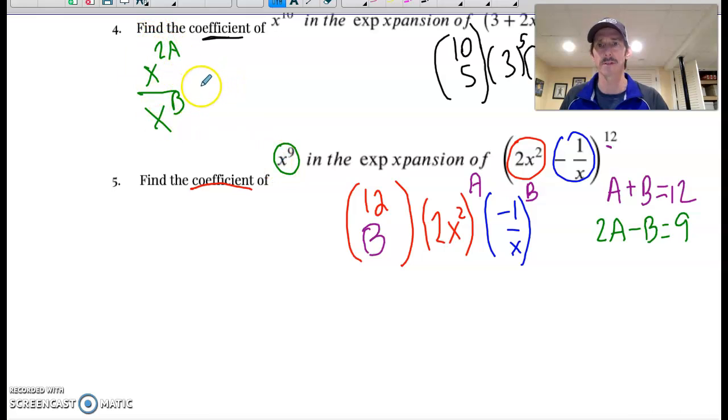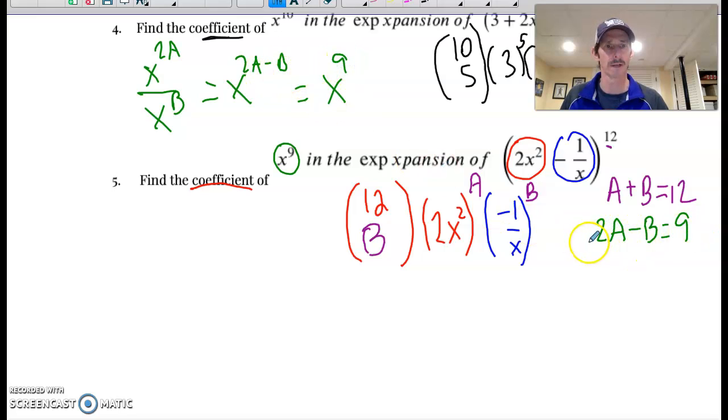So if I want this to be written as base of x, it would be 2a minus b, and that has to equal x to the 9. And so 2a minus b has to be 9. Now I have a system of equations. I can come over here and I can add these to get 3a, and this works quite conveniently because these are already set up to cancel, and 12 plus 9 is 21.